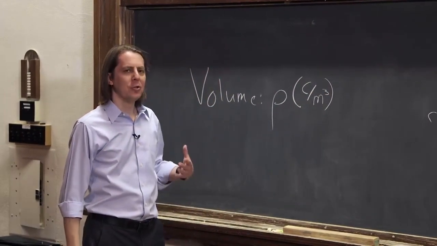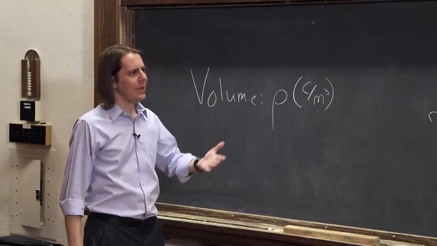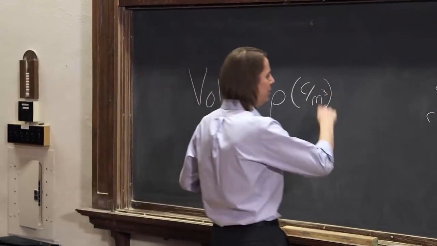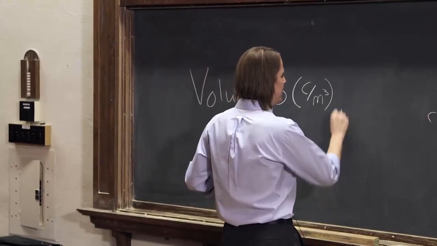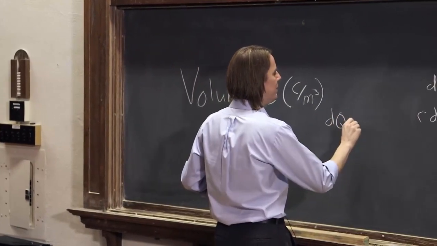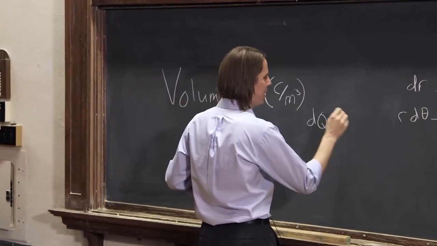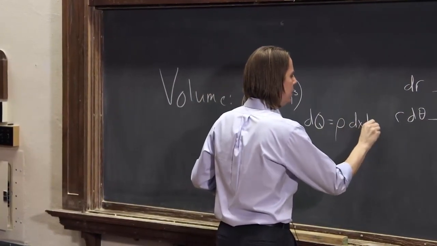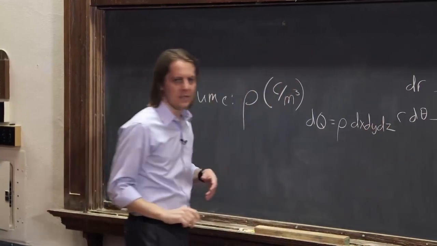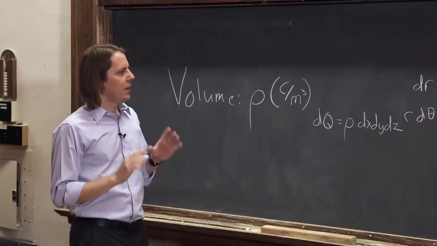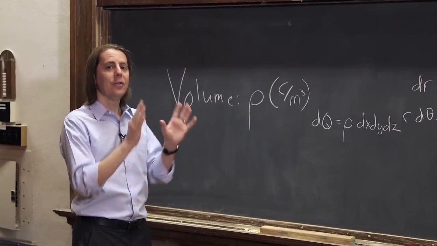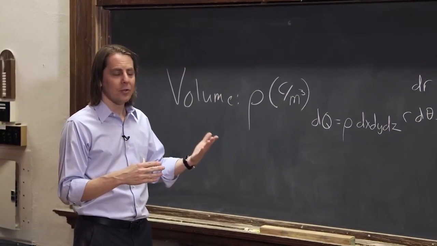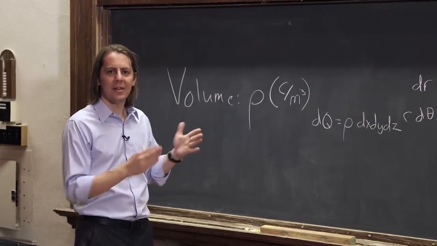If we wanted to define a volume element, we have to pick a coordinate system. If you wanted to continue in Cartesian coordinates, you would just add another dimension. So dq, your charge element, would be the density, rho, times the little volume dv, which in Cartesian is dx, dy, dz. If you think in terms of the angular coordinate systems, in 2D we had polar. If you want to take that to 3D, all you have to do is add a z-axis to it, giving cylindrical coordinates.